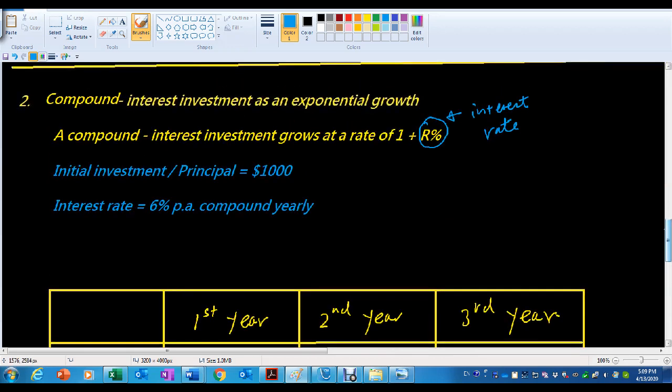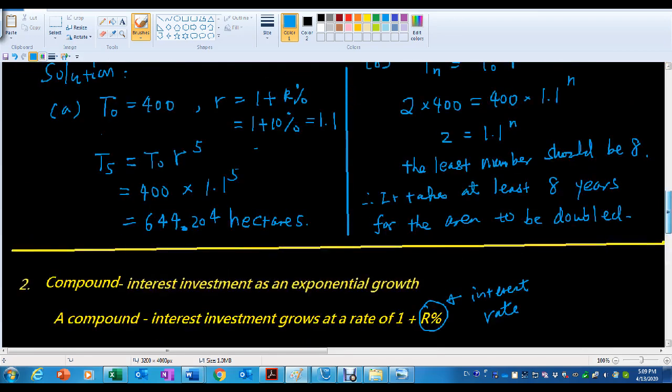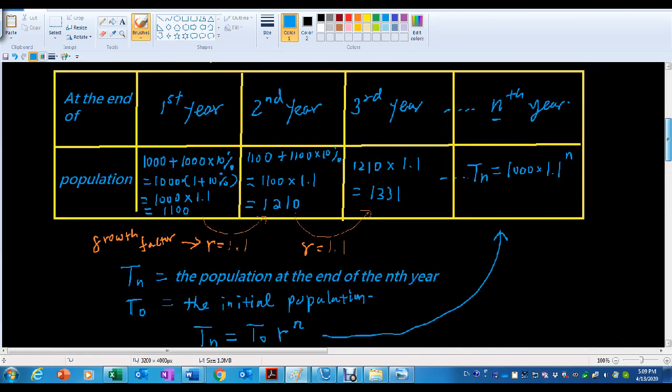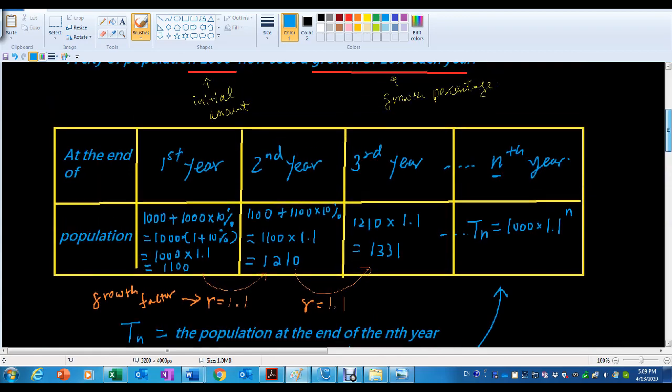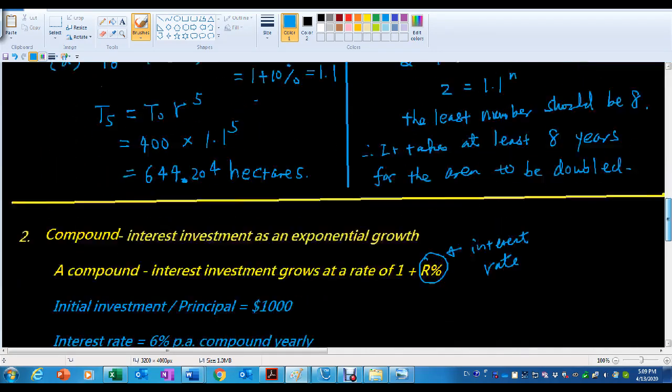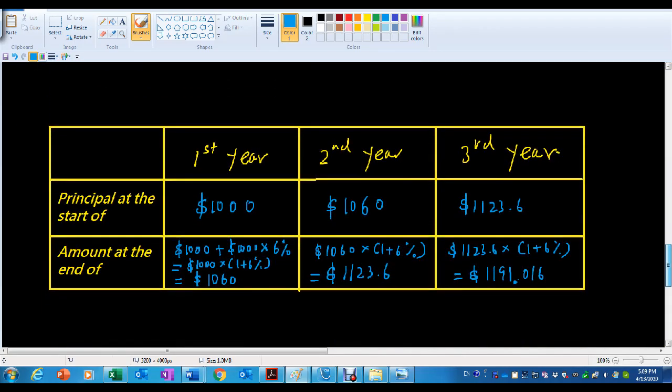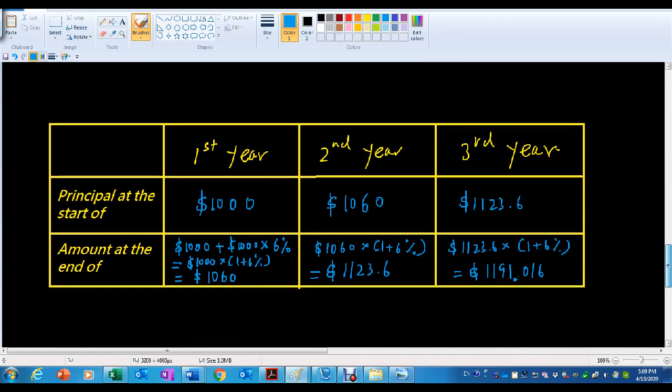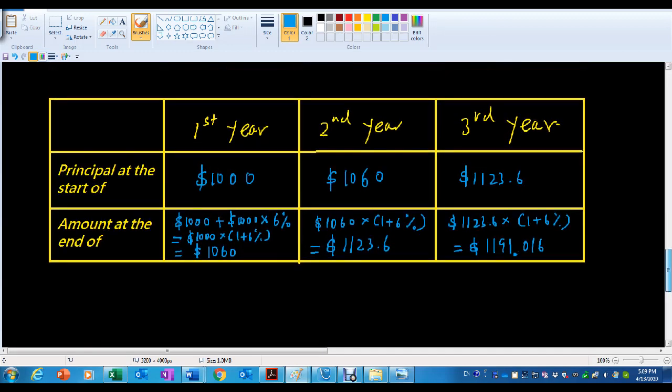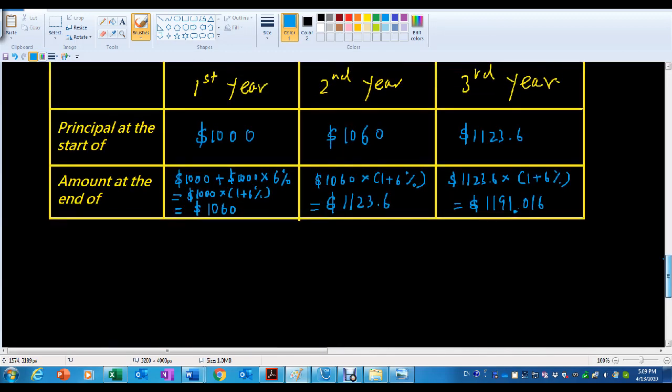So actually that growth rate is now 1 plus interest rate. That's it. All things are the same, and the initial amount in an exponential growth is now, in the compound interest investment, just the principal, what we call the initial principal or initial investment. So that's why we can represent that in our GS again.